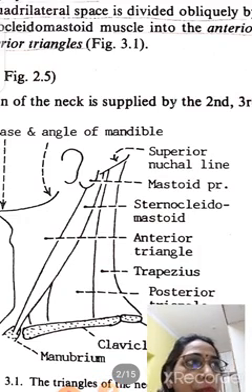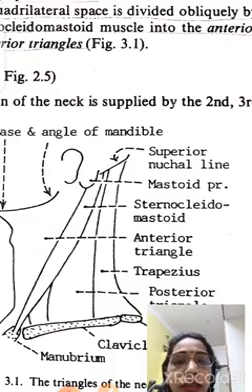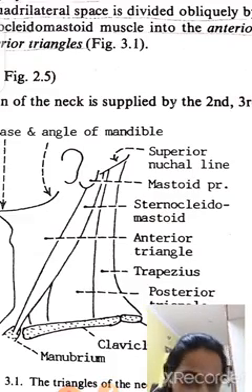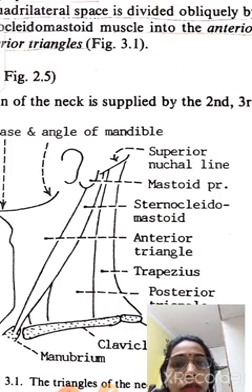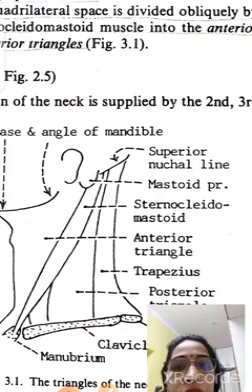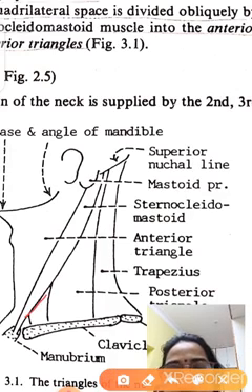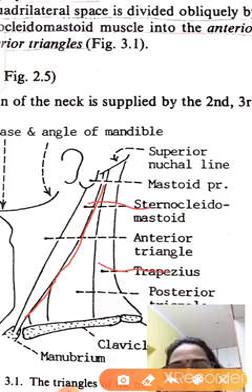And what are the boundaries of this posterior triangle? Anteriorly by the posterior border of the sternocleidomastoid, this is your posterior border of sternocleidomastoid. Posteriorly by the anterior border of trapezius. This is your trapezius, this is your sternocleidomastoid.